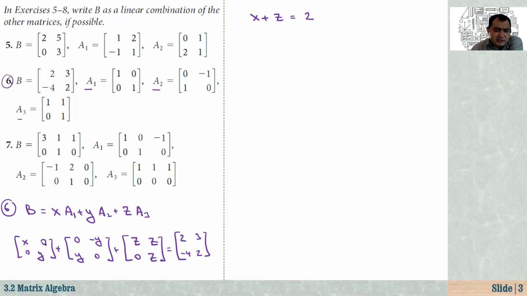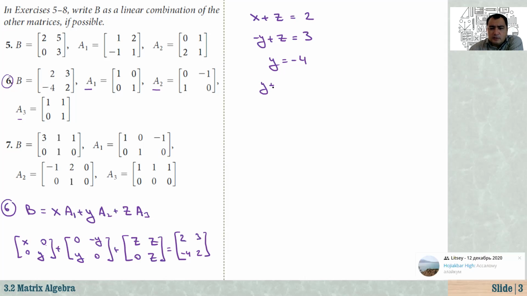The second component: 0 plus negative y plus z equals 3, that is negative y plus z equals 3. The third component: 0 plus y plus 0 equals negative 4, so y equals negative 4. And the last component: y plus 0 plus z equals 2, so y plus z equals 2.